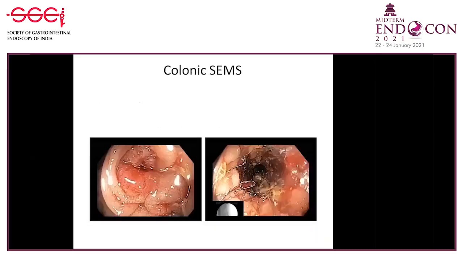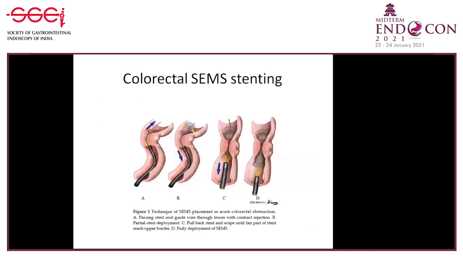Now, coming to other things, malignancies and other complications in the colon, colonic SEMS insertion. Colorectal SEMS stenting technique is simple. Most commonly we use an uncovered SEMS, and it's important to have fluoroscopic guidance. There are through-the-scope stents, so we can have direct visualization and insert them.